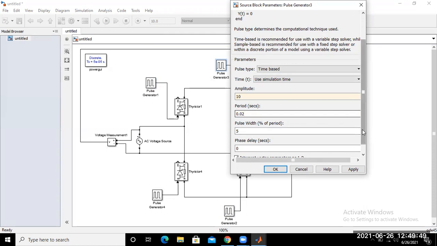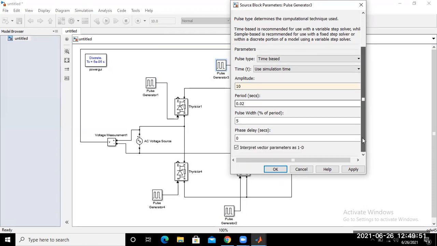Now, what is the phase delay for thyristor number 3? Thyristor number 3 pulse is supplied after pi plus alpha. Okay, so pi plus alpha means 180 degree plus alpha, which we consider as 30 degree.